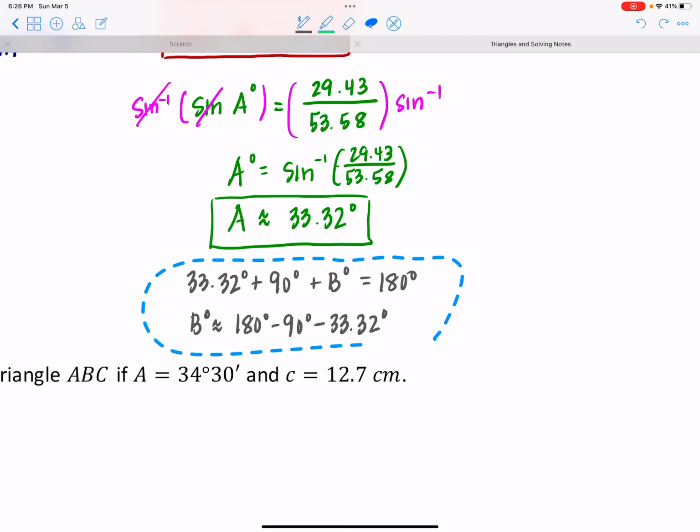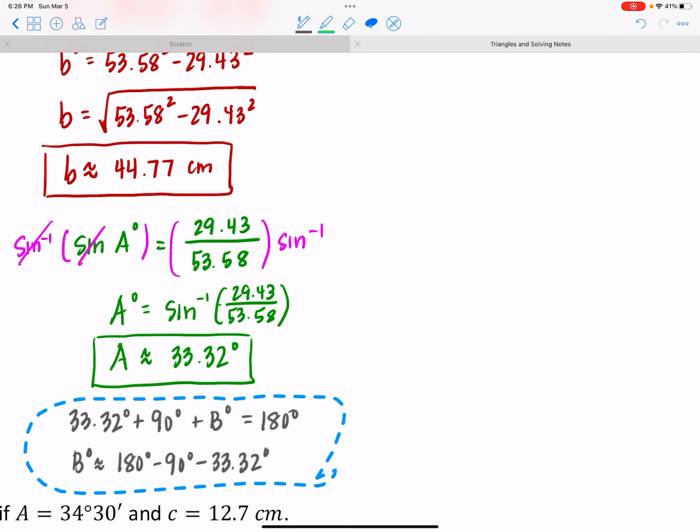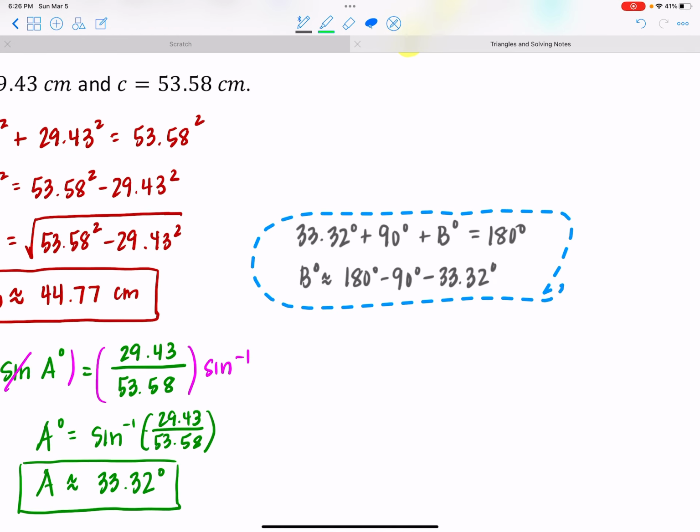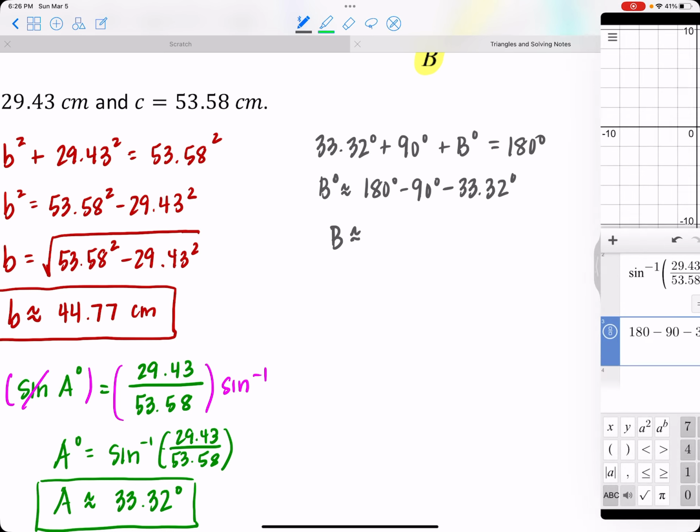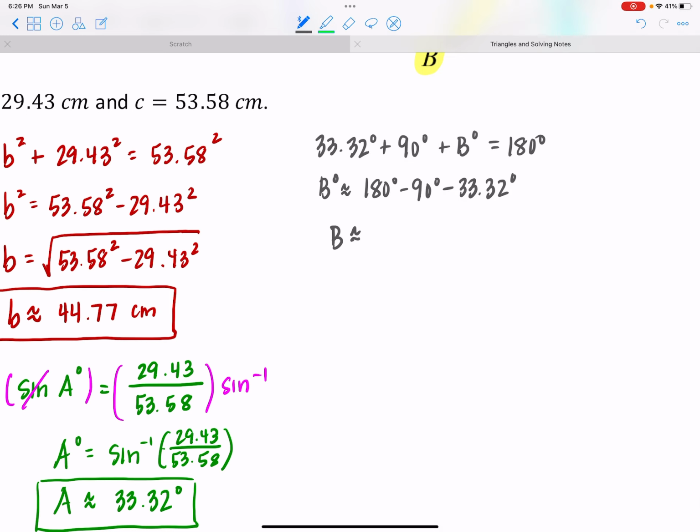Sorry, I'm just going to move this because I don't want it to be squished in. Okay, so B, approximately, one more time, 56.68 degrees. And we did it. We solved this triangle.